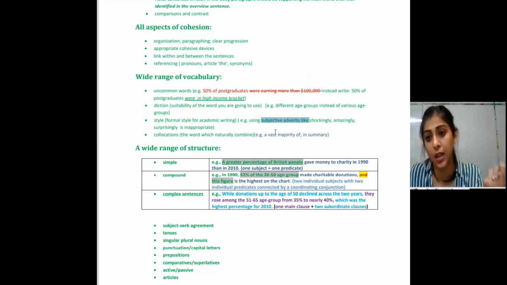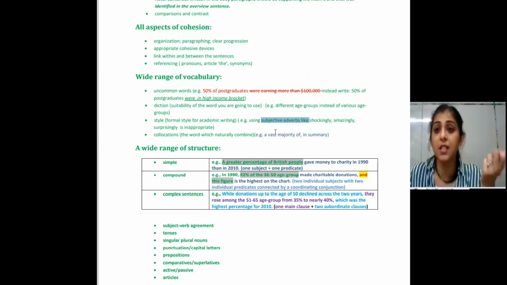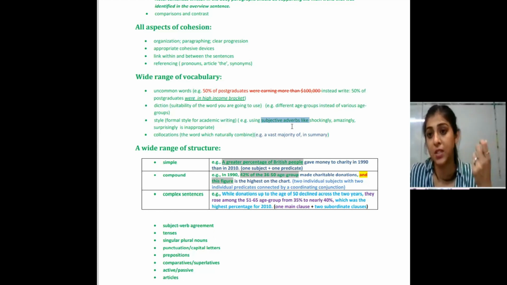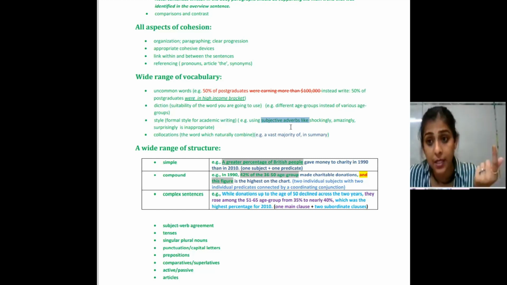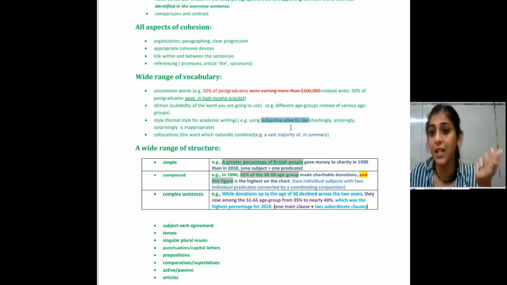That's inappropriate, because you are writing a report in a formal style. The adverbs to be used here, adverbs with ly, should be objective adverbs, for example significantly, considerably, abruptly. These are the correct adverbs to use in your writing task.